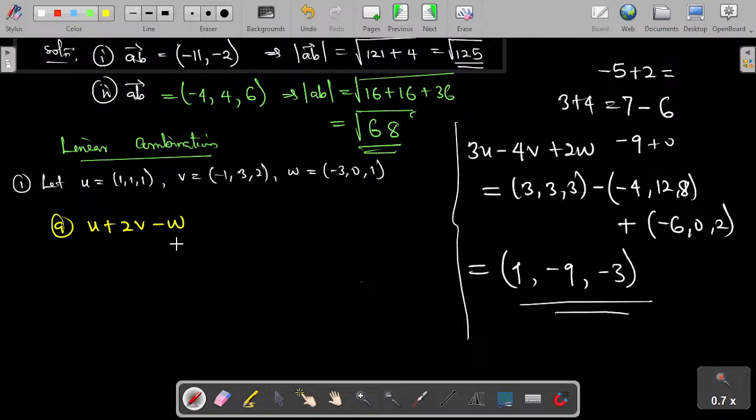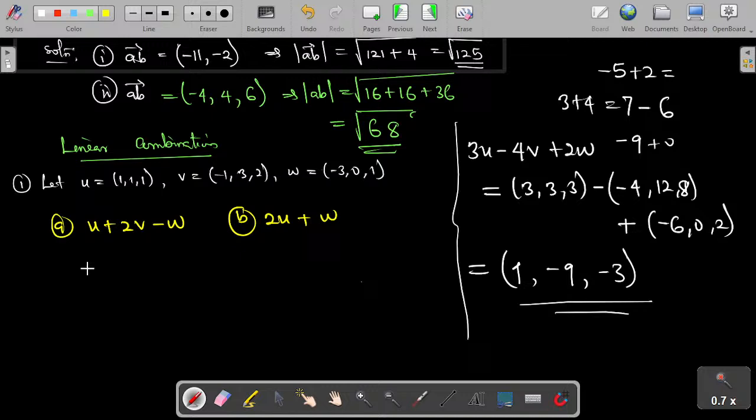Another example is 2u plus w. This one is a linear combination of u and w. So what did I say is linear combination? I said it is the addition and subtraction of vectors, together with some scalar multiplication.